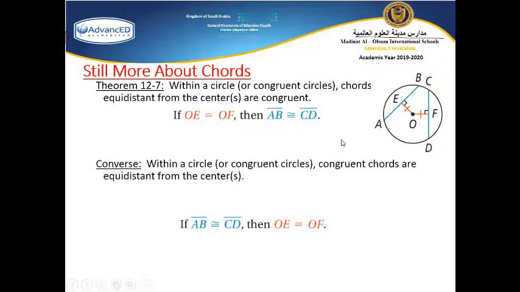The converse: if the two chords are congruent, AB congruent to CD, then they are equidistant from the center of the circle. That means OF would be equal to OE.